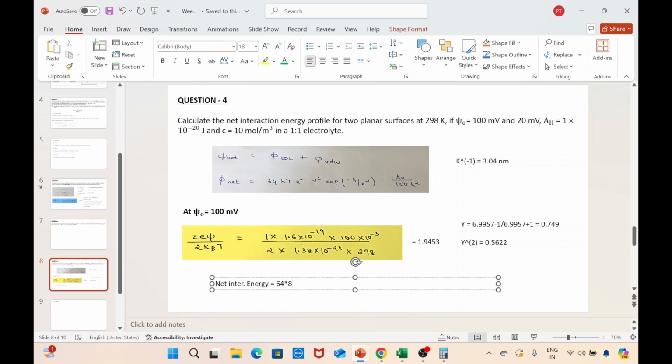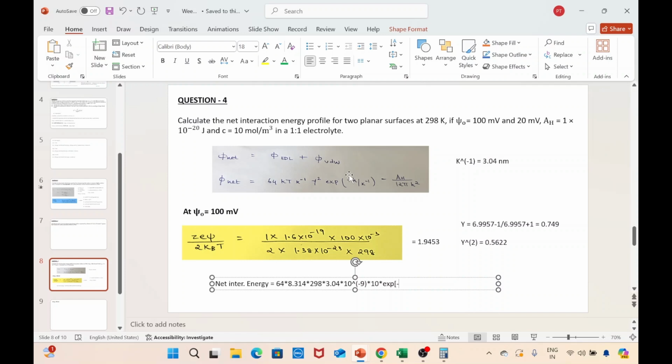So it is 8.314 times 298 times your kappa inverse value, 3.04 times 10 to the power minus 9, times your C, that is 10, times exponent of minus h by kappa inverse, so 1 by 3.04 nanometers.